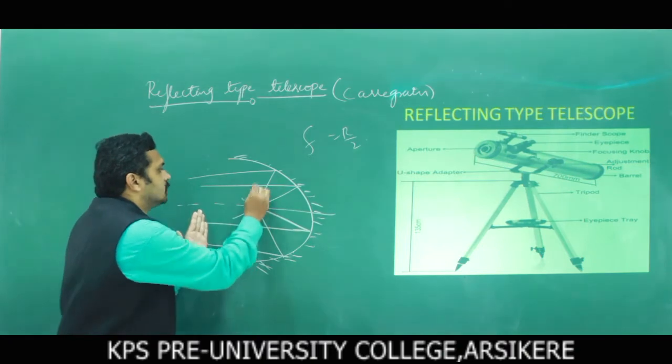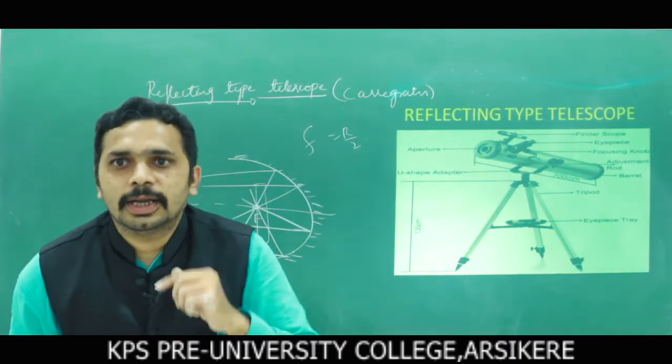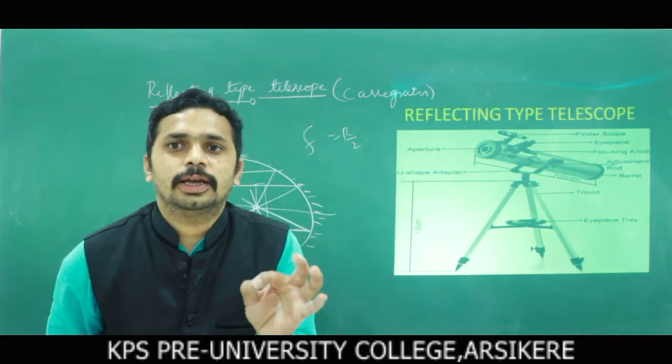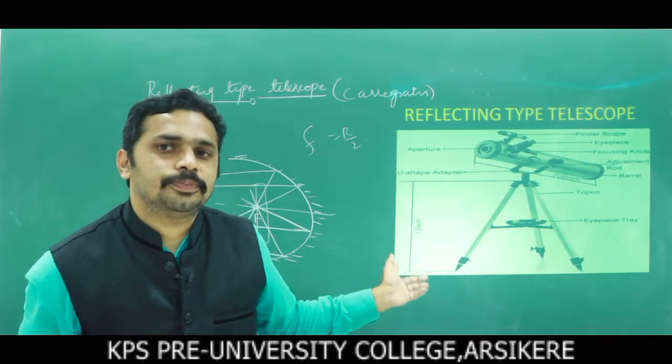It means if we place the screen here, we get a sharp image. So to overcome spherical aberration in spherical mirrors, you have to use parabolic reflectors. This is the main thing.